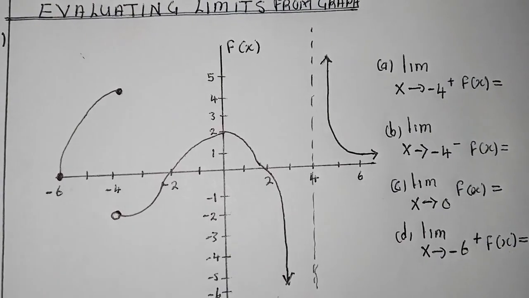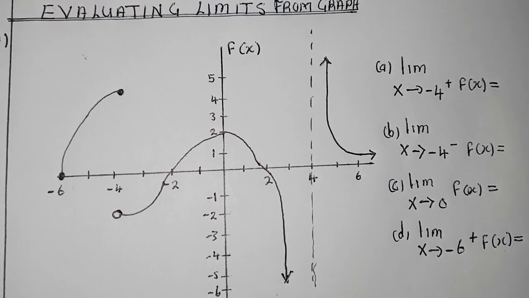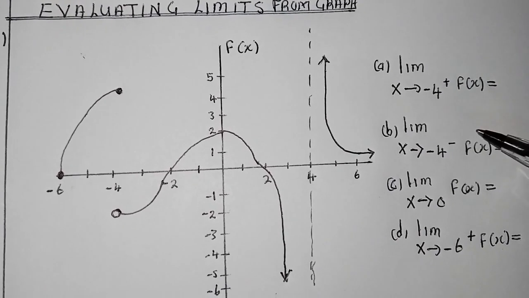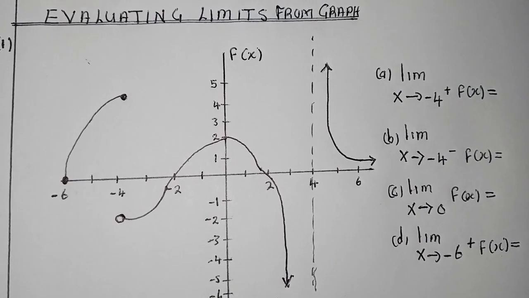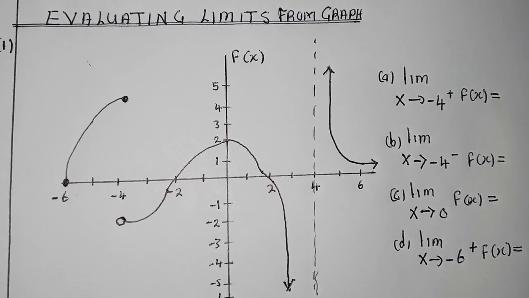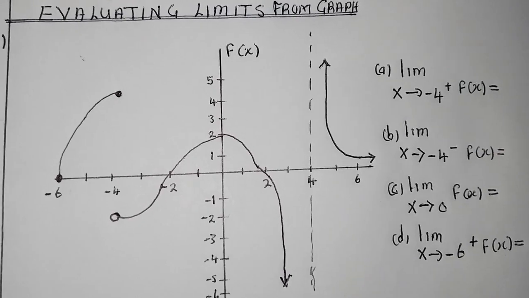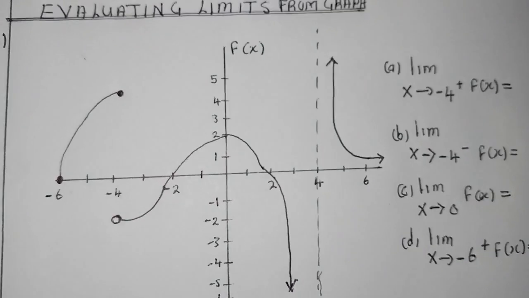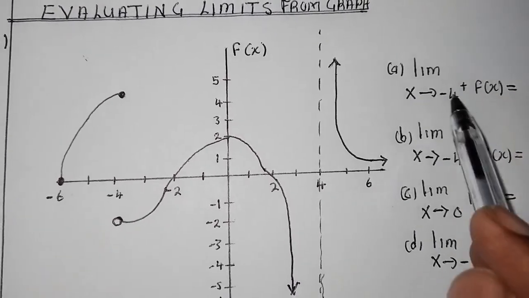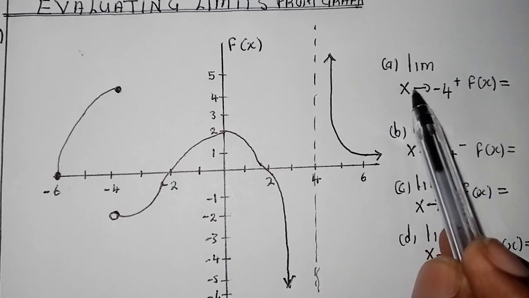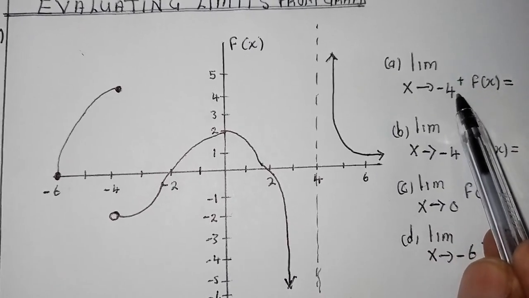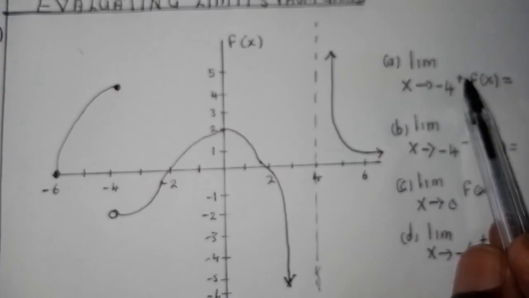Okay, now you have to pay attention to what has been given to you. So for example, let's start with the first question. They're saying we evaluate the limit as x is approaching -4, then they've put a positive sign here.